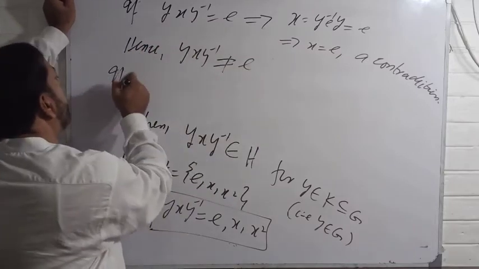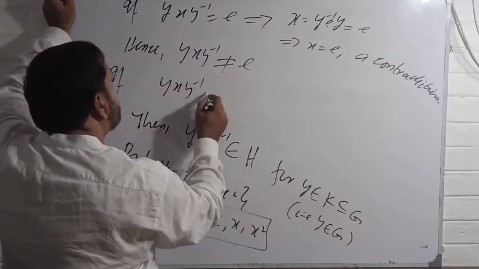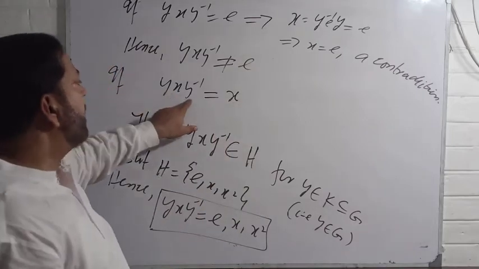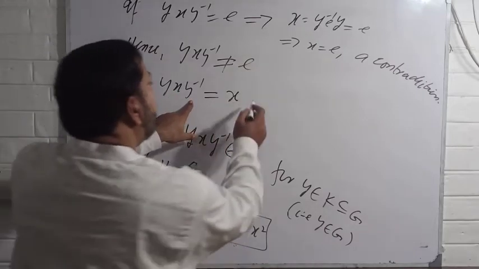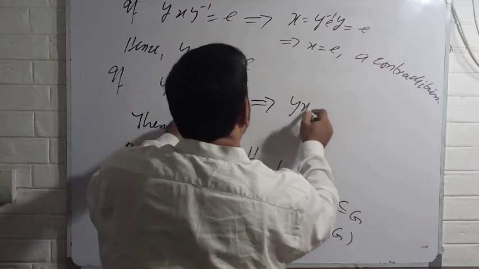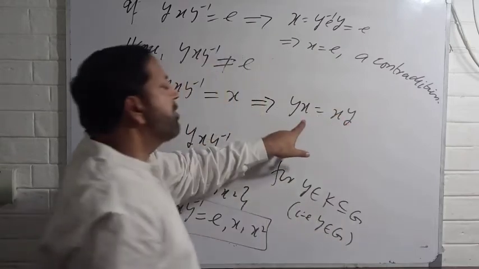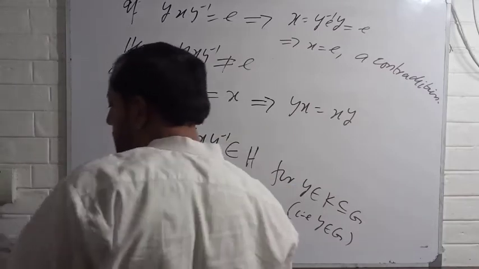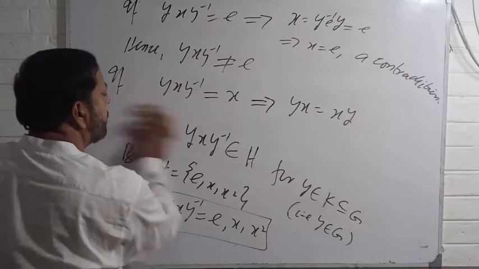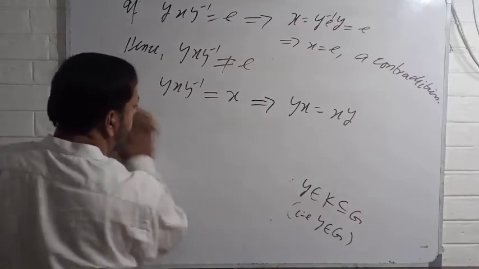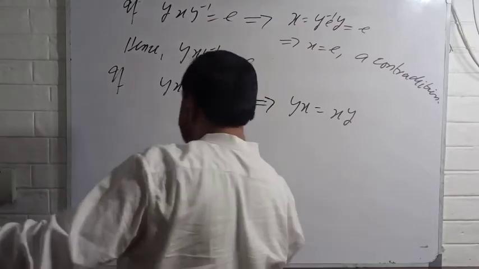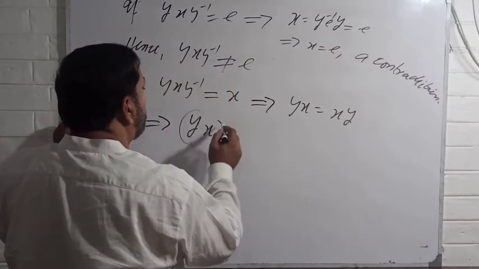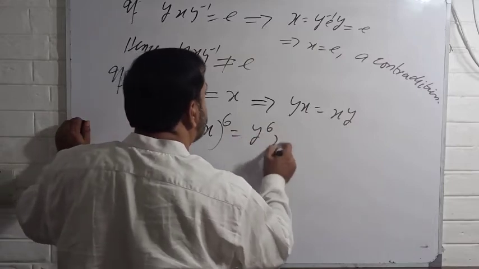Now the second one, if yxy inverse is equal to x, this implies yx is equal to xy, which means that this is abelian, right? But then this implies (yx) power 6 is in fact y6 x6.